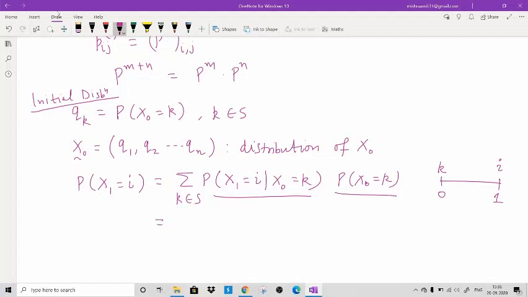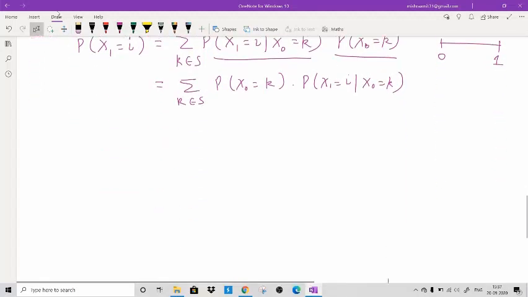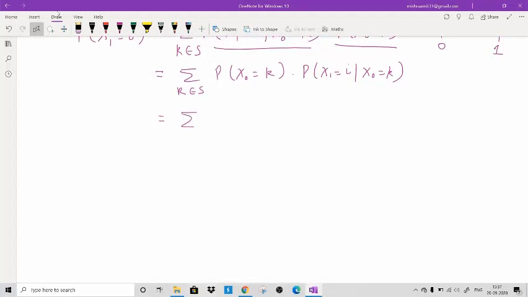If I simplify this and rewrite it here, it is P(x naught is equal to k) multiplied by P(x1 is equal to i, given that x naught is equal to k). If I write it down in our notations, this is the sum over k belonging to S of q_k, and this probability is p_ki.